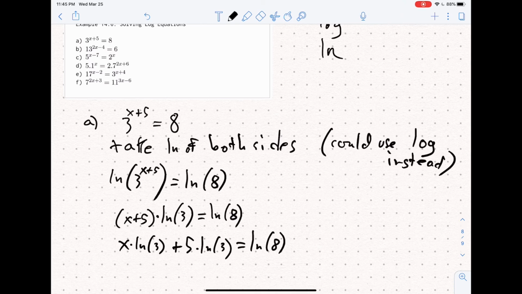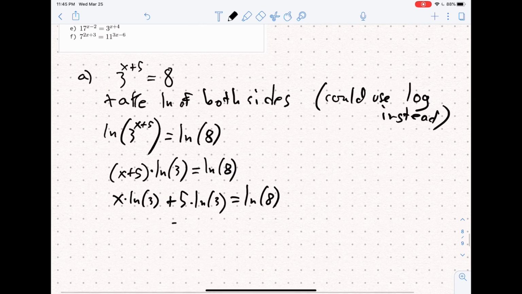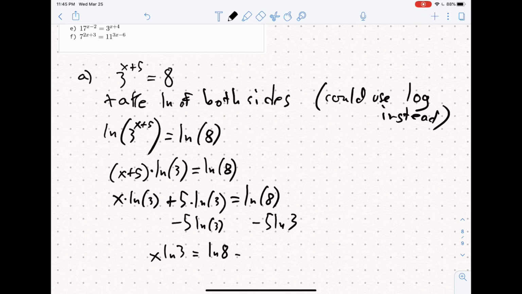We want to get that x by itself, and to do that, I'm going to subtract off that 5 ln 3 on both sides, minus 5 ln 3. So on the left, we have x times ln 3 is equal to ln 8 minus 5 ln 3.